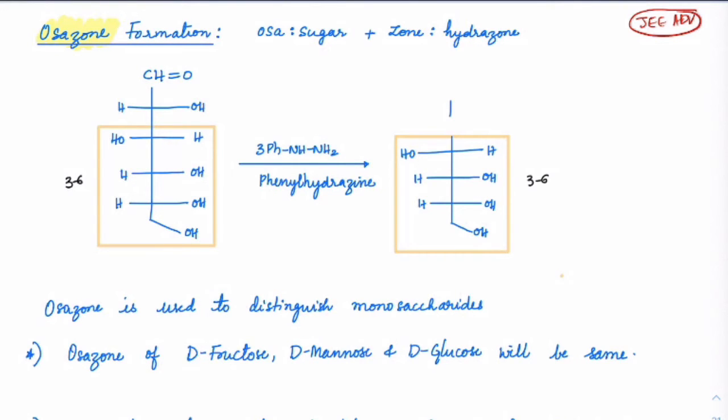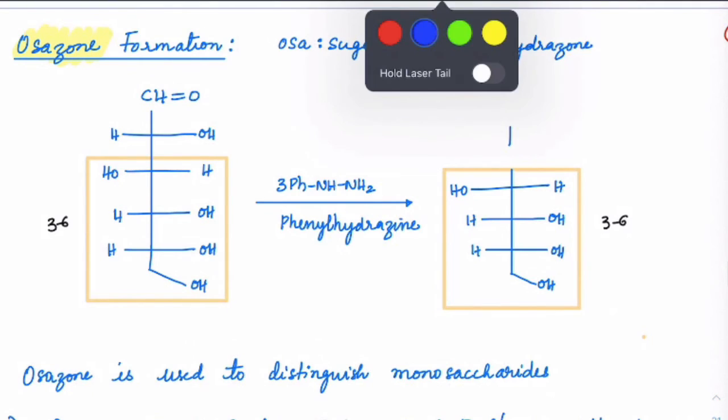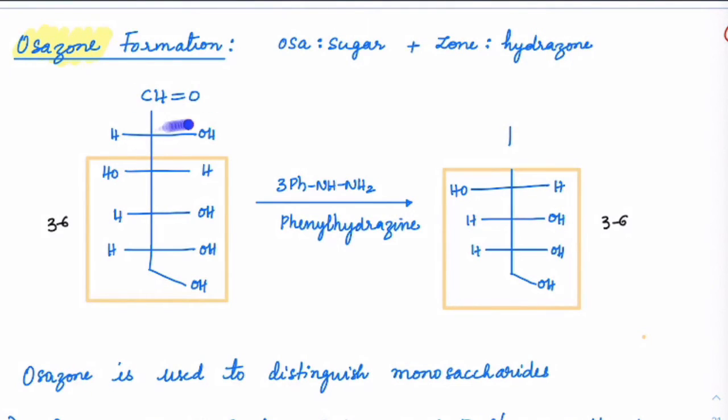Let me show you. Here if you have an aldehyde, which is the structure of glucose, observe carbon 1 and carbon 2. The product that is formed when you react with 3 moles of phenylhydrazine, at a pH of around 4 to 5. We know that aldehydes will react, with H2 and O going out and C double bond N formed.